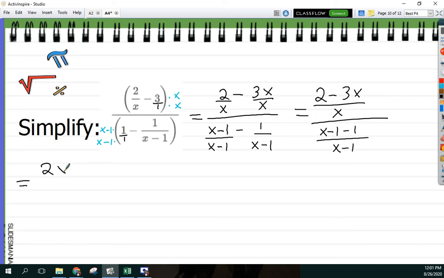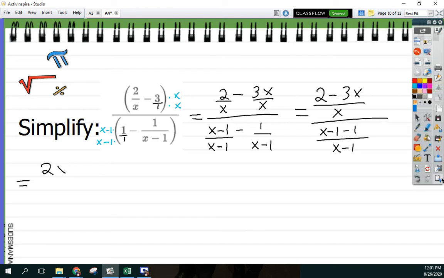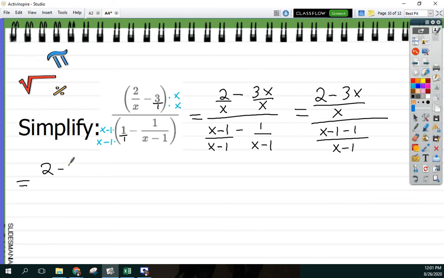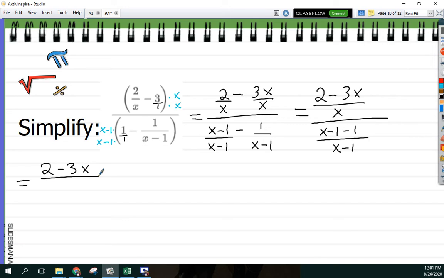So we have 2 minus 3x divided by x, all divided by, well, x minus 1 is going to give me x minus 2, and then that x minus 1 stays the same. Now, again, still not a super pretty fraction. I still have 3 fractions there, 2 smaller fractions, and then 1 big fraction.